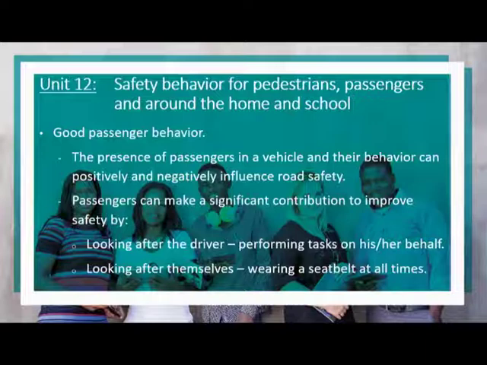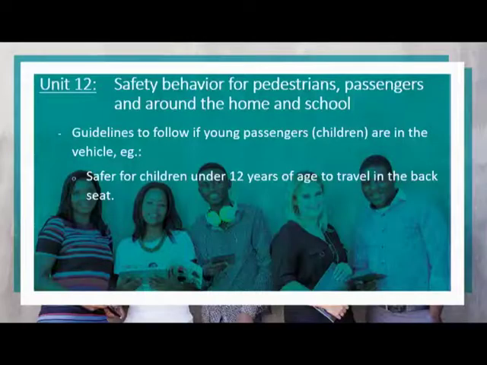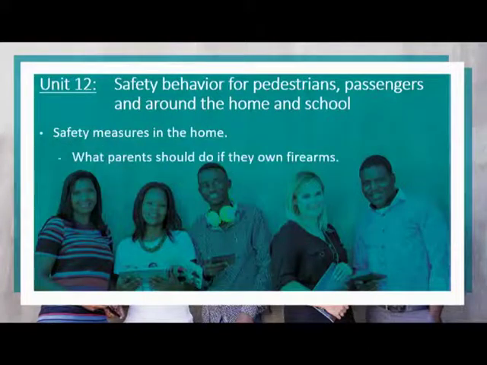Passengers can make a significant contribution to improve safety by looking after the driver, by performing tasks on his or her behalf, and looking after themselves by wearing a seatbelt at all times. Guidelines to follow if young passengers, children, are in the vehicle: it is safer for children under 12 years of age to travel in the back seat.